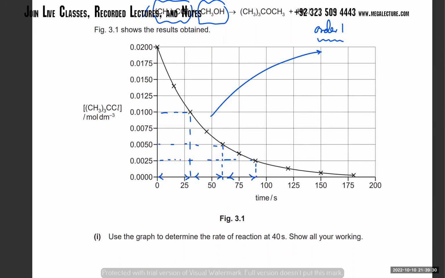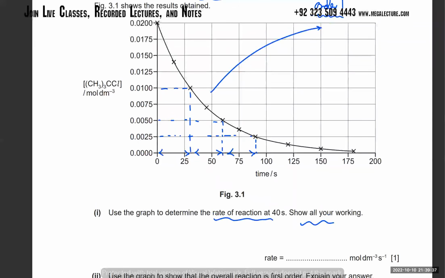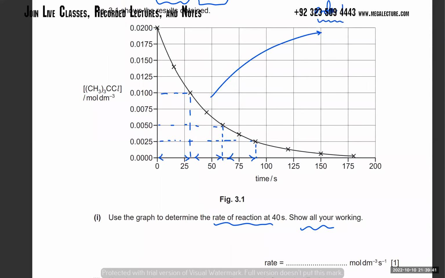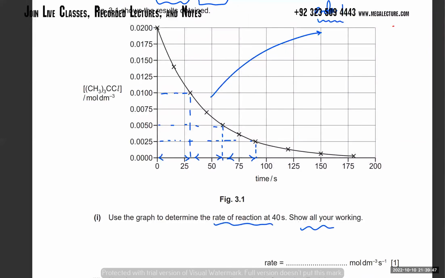Yes, sir. So then he's saying, show your working, figure out the rate of reaction at 40 seconds. At 40 seconds, you're going to put a ruler, a scale, at 40 to make a gradient.